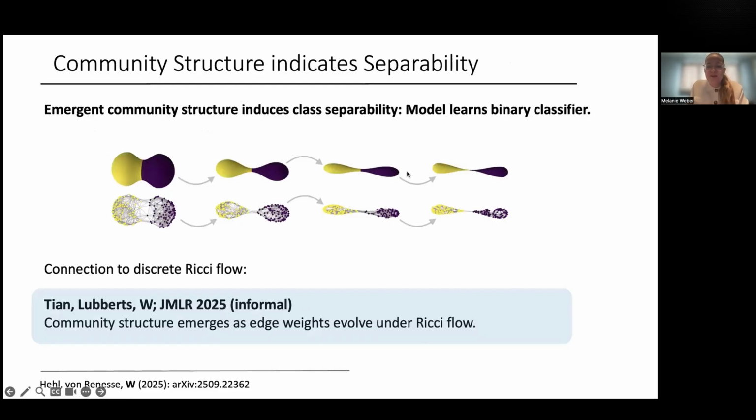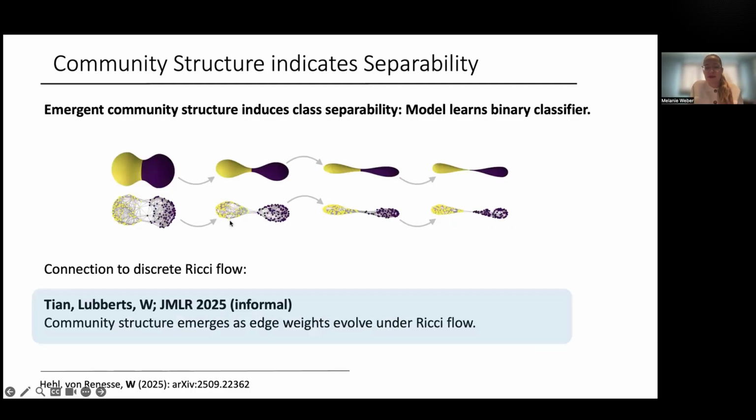So this is an illustration of what we expect. If the network learns representations that separate the two classes, which is expected to happen if the model can learn a good binary classifier, then we would expect to see this sort of behavior in the feature geometry.